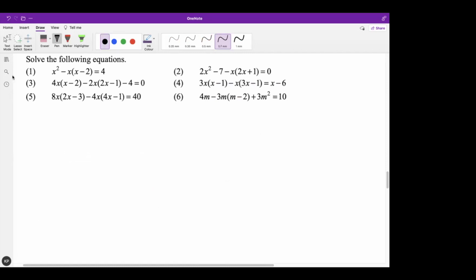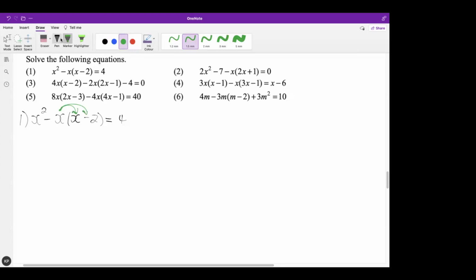Okay. Number 1 looks a little bit more interesting. X squared minus x times x minus 2 equals 4. I see brackets. What do we do usually? Excuse me, or what are we going to do in this case with those brackets? We don't want those brackets, right? We're going to distribute. That's true.